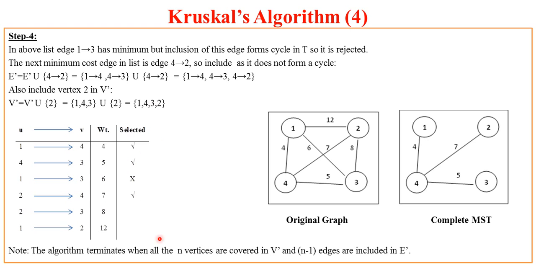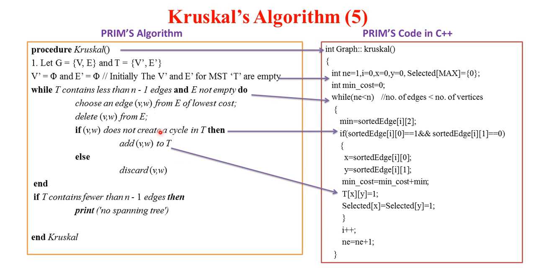So this is included, and as we have covered all the vertices and n-1 edges, Kruskal's algorithm terminates. Now if you see the implementation, it is quite easy and straightforward. We will implement Kruskal's algorithm as a function Kruskal, which is a part of the class Graph, and it will return the minimum cost of the tree.